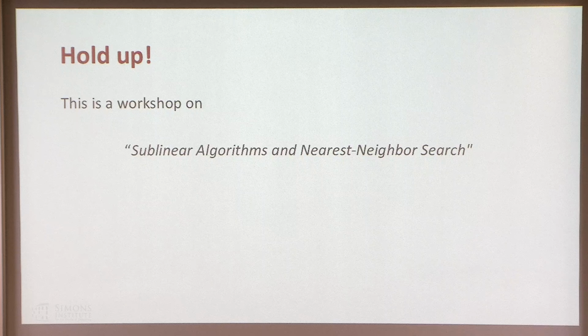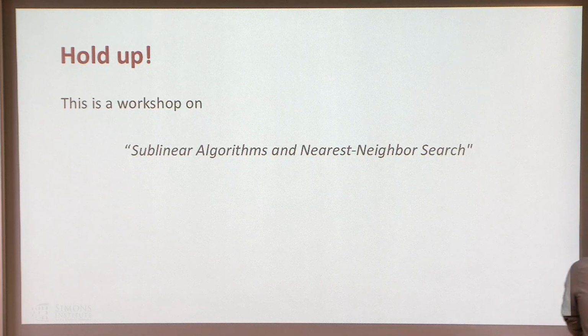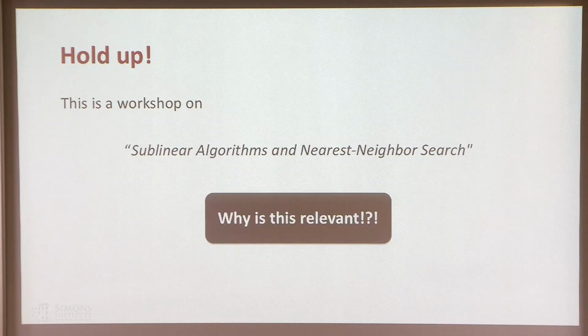We're like halfway through the talk. Nothing that seems remotely relevant to any of these topics has come up. Might be asking, am I in the wrong room? What's going on here, why are we talking about this? How is any of this relevant to anything about the workshop?